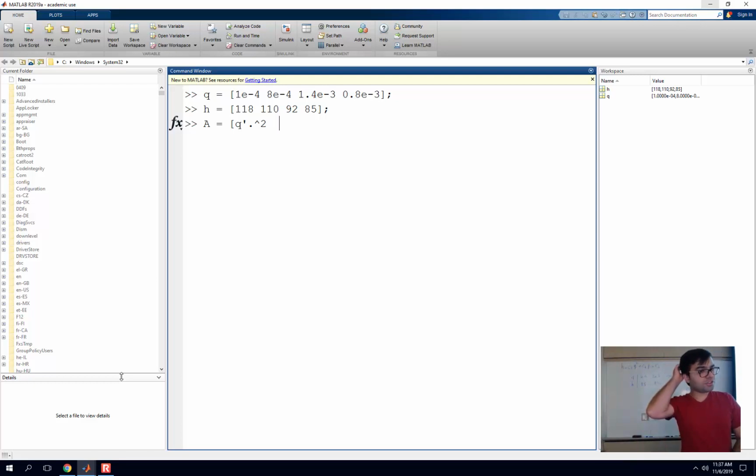What's the coefficient for C2? That's q prime. And then I have ones of length q, comma 1. So that's my A. My B is equal to h prime.